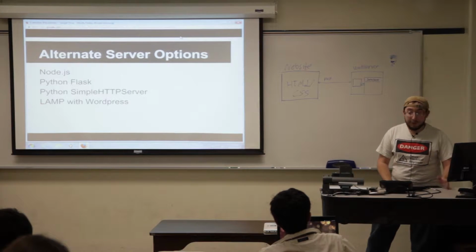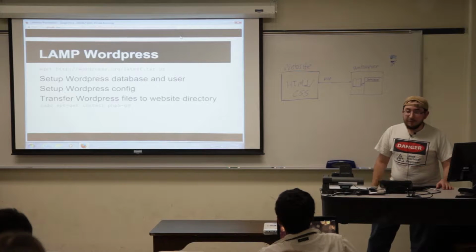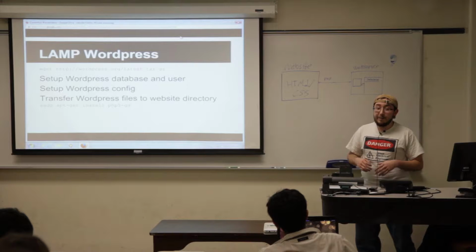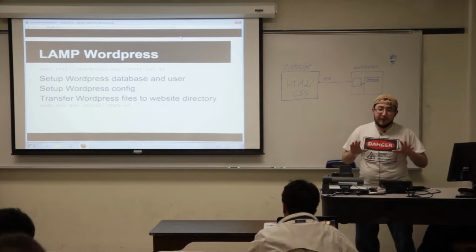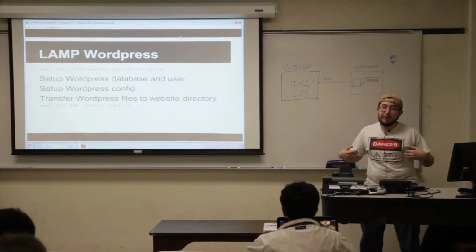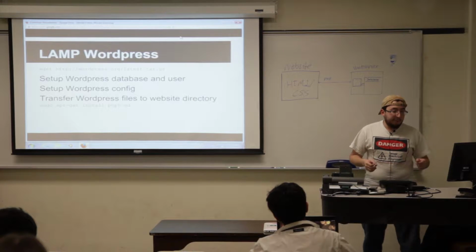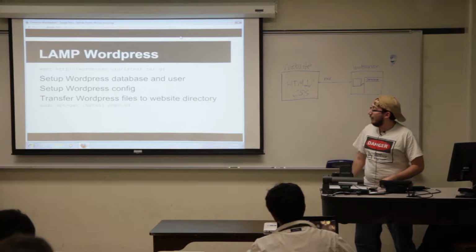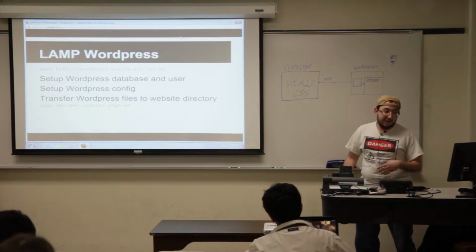LAMP with WordPress. So Kevin already went over how to set up LAMP with PHPMyAdmin and whatnot. But another cool thing you could do is put WordPress on top of it. First thing you would have to do is wget it and get the tar, then untar it.